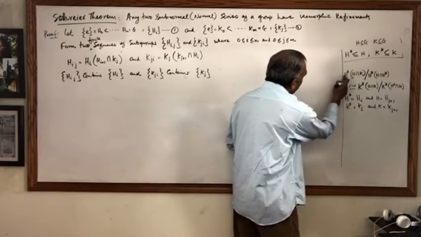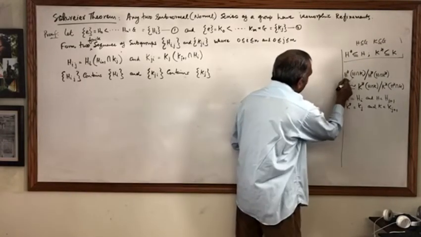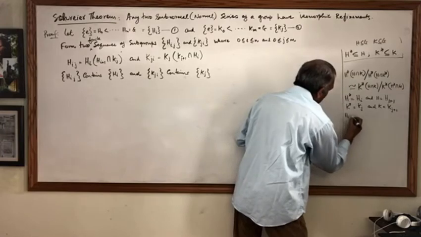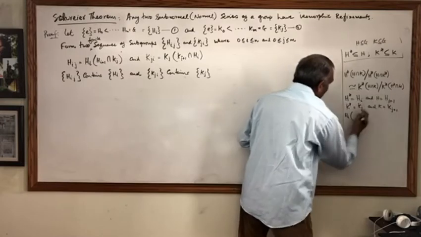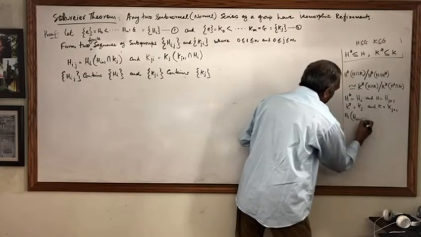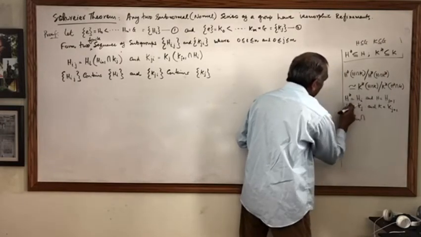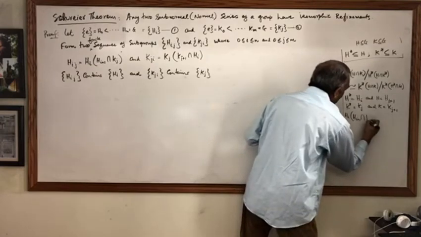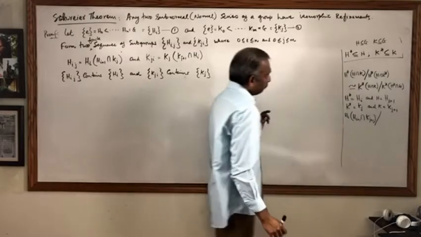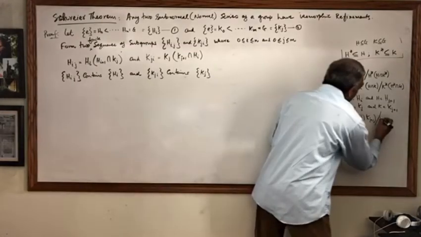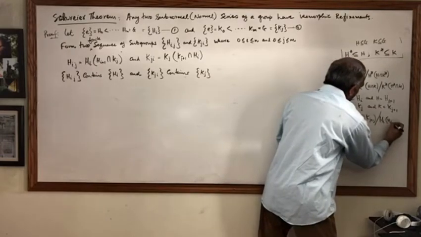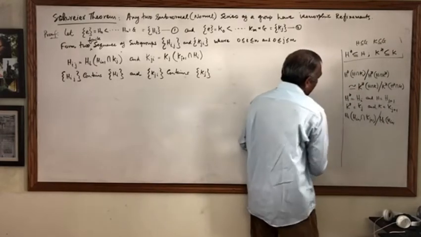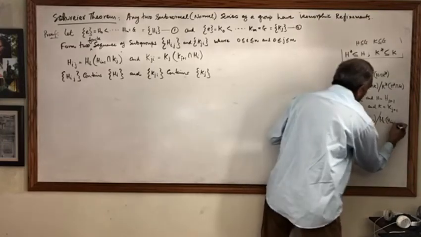Now we apply it here. What happens? H star is Hi, H is Hi plus 1, K is Kj plus 1, K star is Kj.